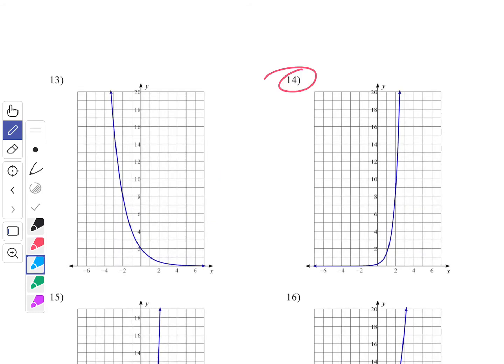All right. Okay, now 13 and 14. We've got 16, 8, and you can see we're kind of using a lot of the same numbers. All right, so 16, 8, 4, 2, 1. Definitely dividing by 2 or timesing by a half. Starting point of 2. So y equals 2 times 1/2 to the x.